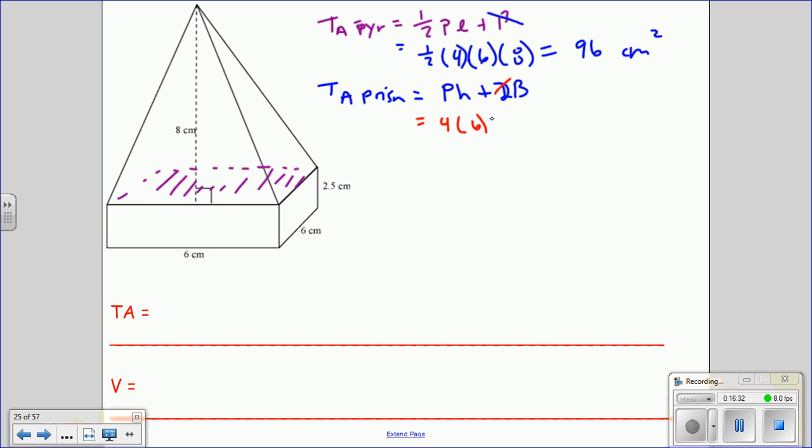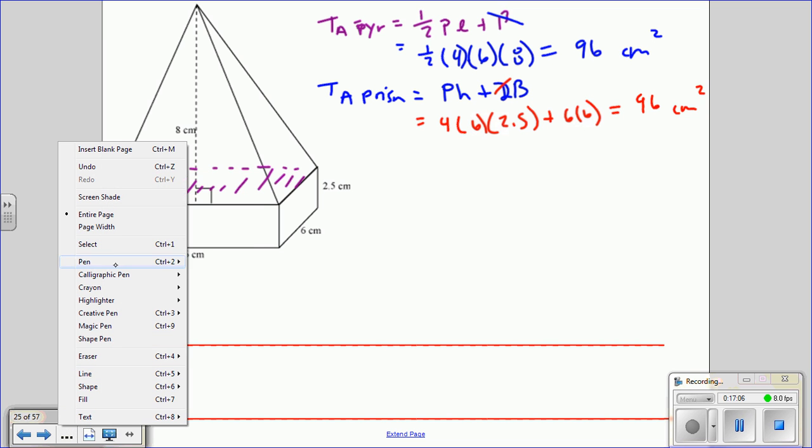The height, the 3D height for my prism is 2.5 plus the area of the base, which is 6 times 6. So let's calculate all this. 4 times 6 times 2.5 plus 36 is also 96 centimeters squared.